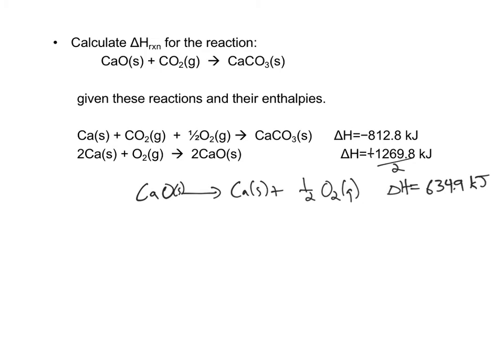All right, and so now I would go to the CO2 gas. And so here's CO2 gas. This is the only place where I have CO2 gas in either of these reactions. And in this case, it's on the correct side, right? I want it to be a reactant, and it's a reactant. And I want one of them, and there's one of them. So I'm just going to leave this reaction alone. I'm not going to change it, so the delta H won't change.